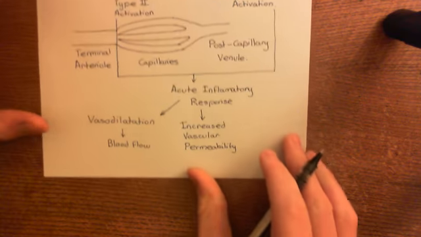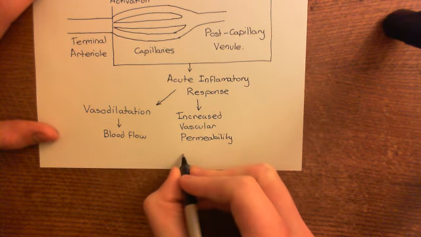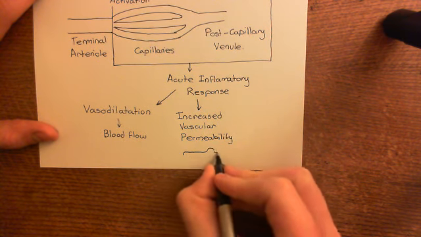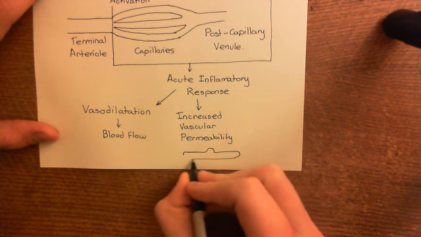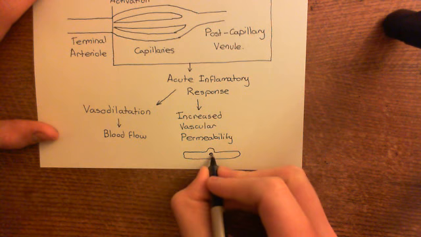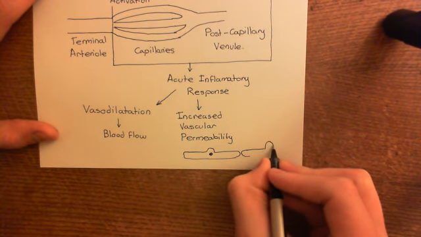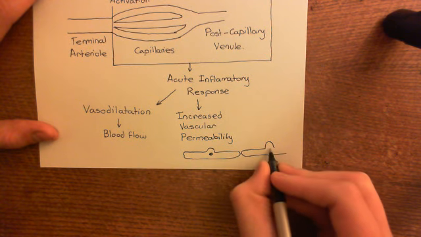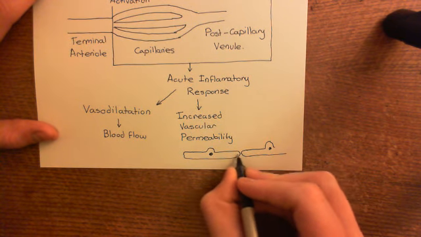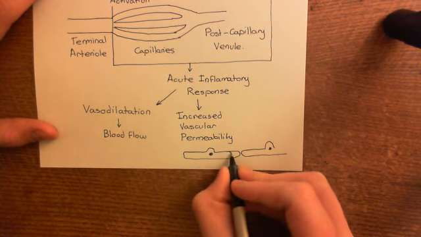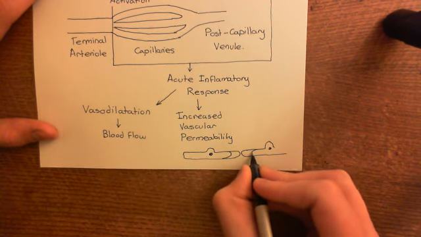So if I just draw this, if you look at the capillaries and the post-capillary venules, you have endothelial cells like this. So this is in non-activated endothelial cells. So you have no gaps basically between the endothelial cells. What's going to happen is that we're going to retract these outer edges basically like so.